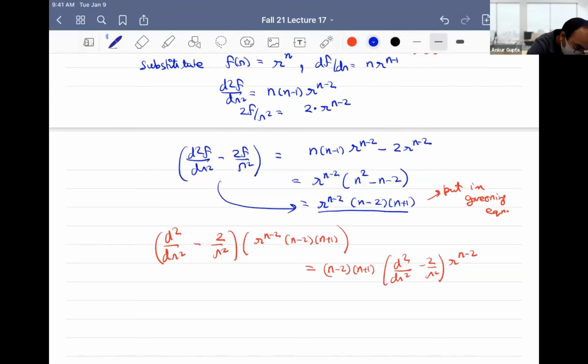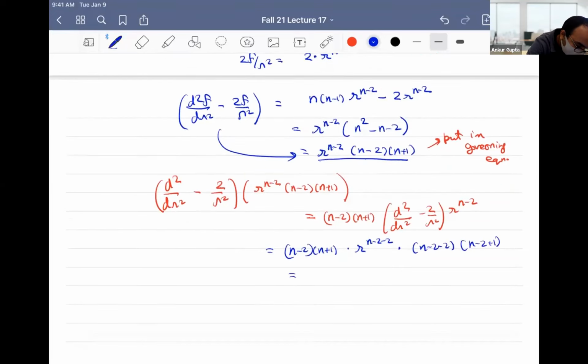So this will become n minus 2 into n plus 1 into r to the power of n minus 2 minus 2, times n minus 2 minus 2 into n minus 2 plus 1, or this will become n minus 4 into n minus 3 times n minus 2 into n plus 1 is equal to 0.